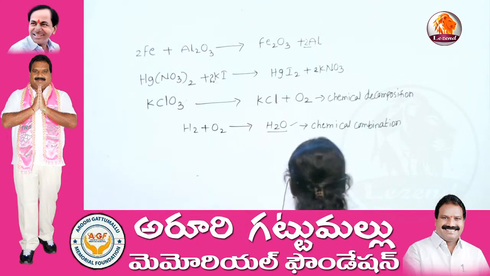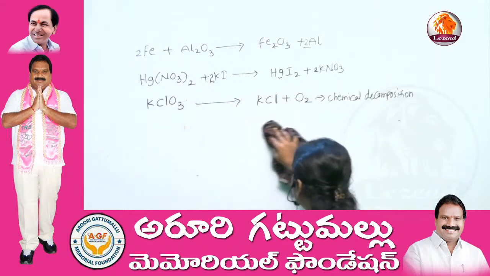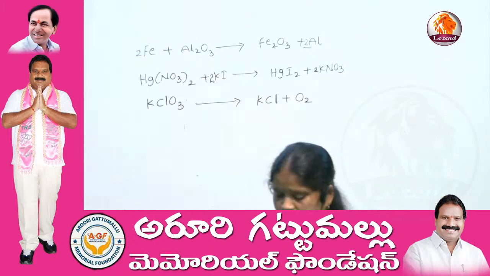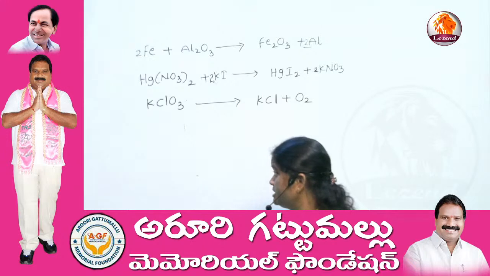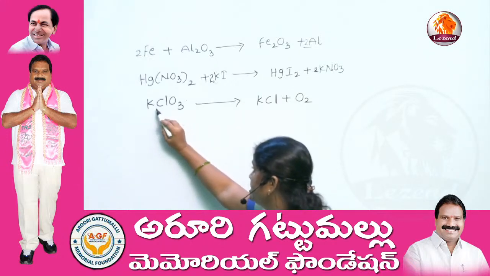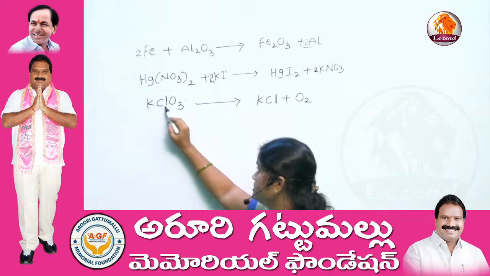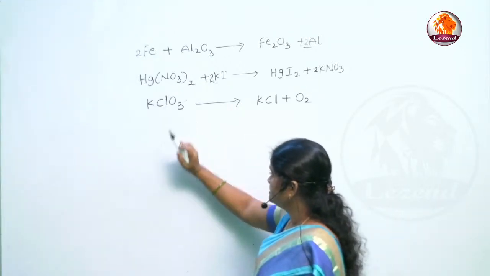Look at here, potassium chlorate gives rise to potassium chloride plus oxygen. We need to compare the atoms of each element involved in the given chemical equation on both sides. Potassium chlorate: 1 atom of potassium, no subscript; Cl is the symbol of chlorine, 1 atom of chlorine. How many oxygen atoms are present? 3.